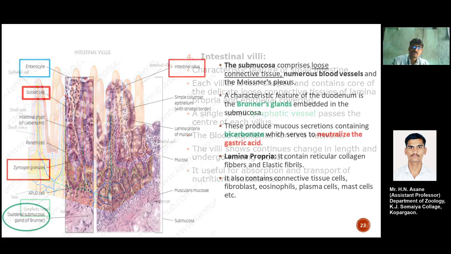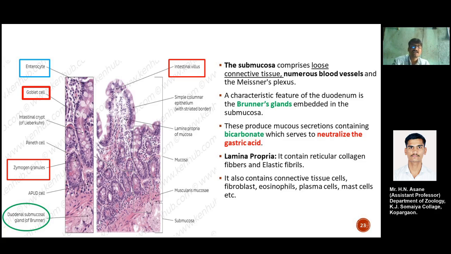Okay, so the second layer is the submucosa layer. The submucosa comprises loose connective tissue and numerous blood vessels and the Meissner plexus. As you can see, the submucosa is after the mucosa.